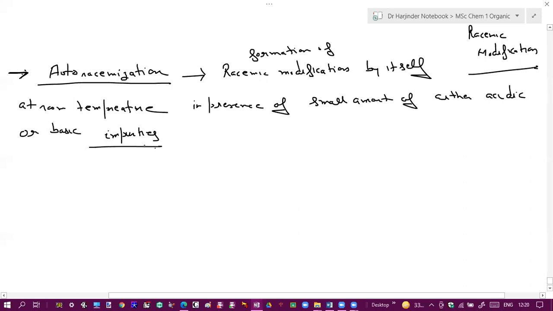So autoracemization is a process which takes place by itself automatically in presence of small amount of either acidic or basic impurities.